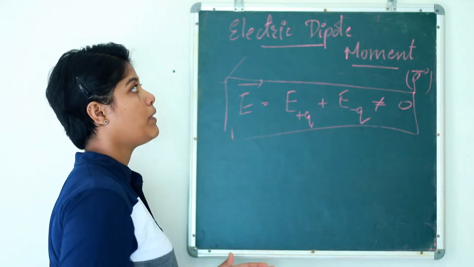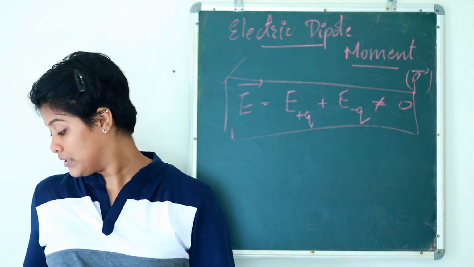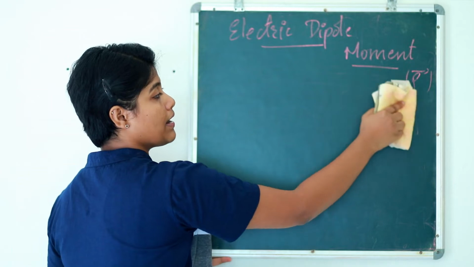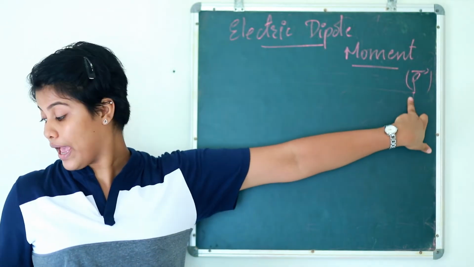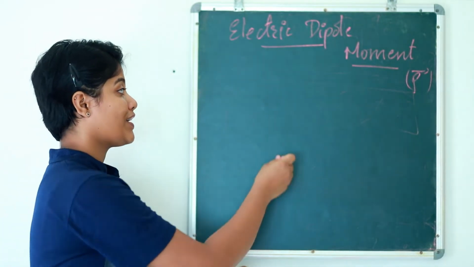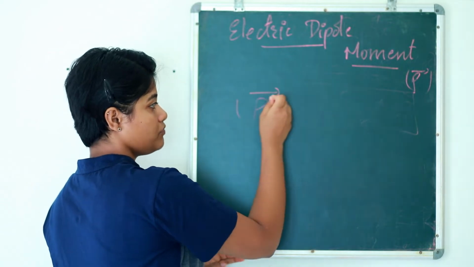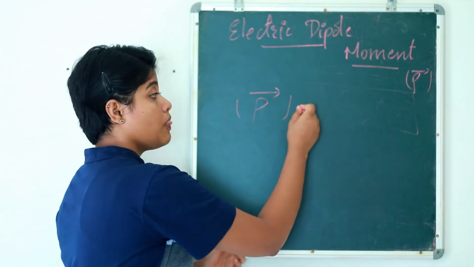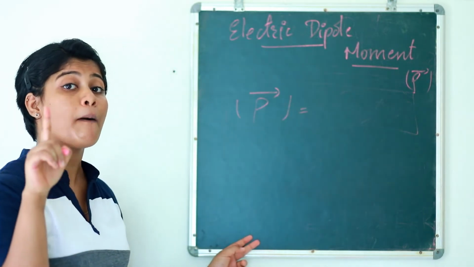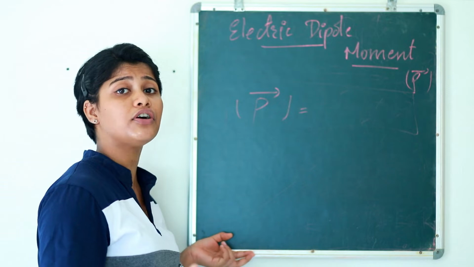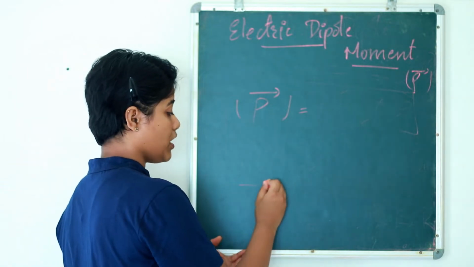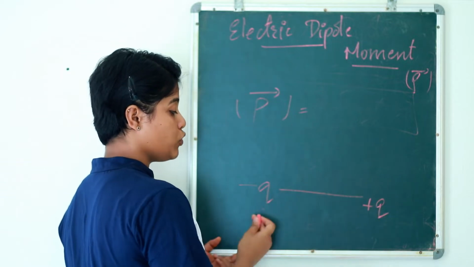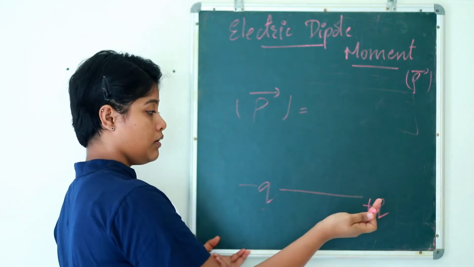Now let's move into the topic, electric dipole moment. Electric dipole moment is marked as P, capital P, and it's a vector quantity. This P is the product of the magnitude of either of the charges of the dipole, since the dipole consists of two charges oriented in this direction, either plus q or minus q, both having equal magnitude.